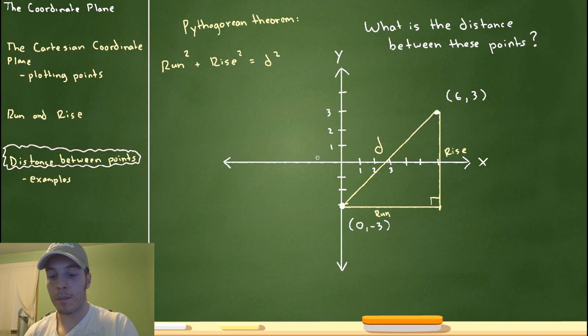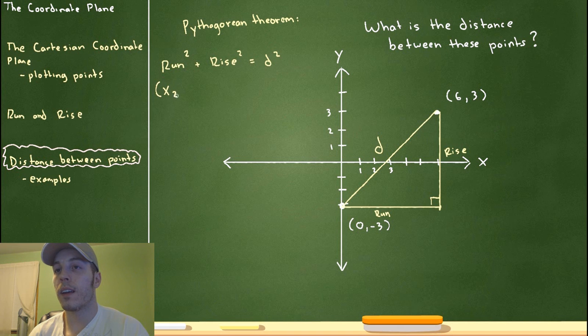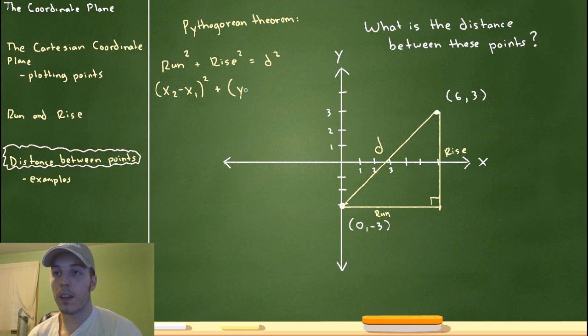Okay. Now, what is the run? Remember in the previous page, we defined the run to be the difference of the x values. So instead of writing run, let me write x2 minus x1 squared. And for the rise, that was the difference between the y values.